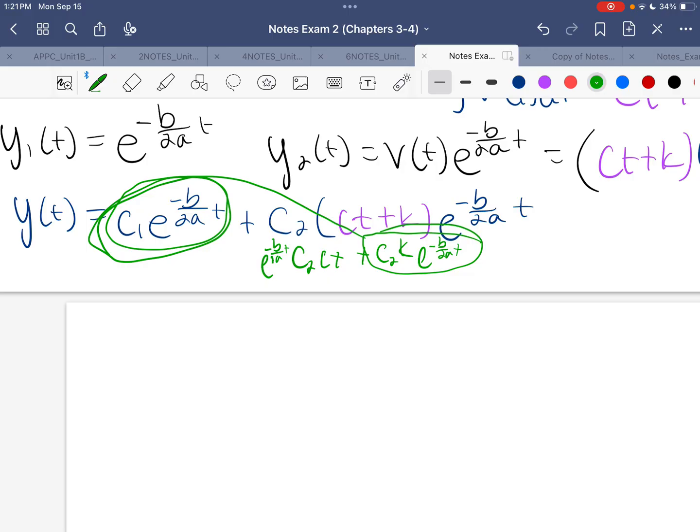And then what's left over here is just a t times some constant.